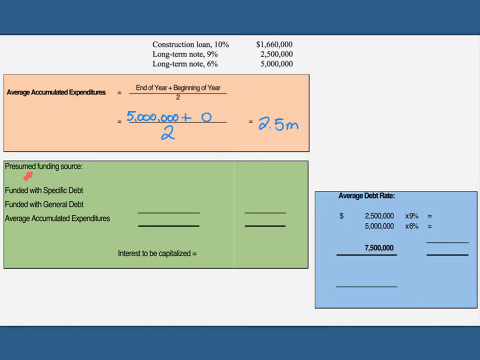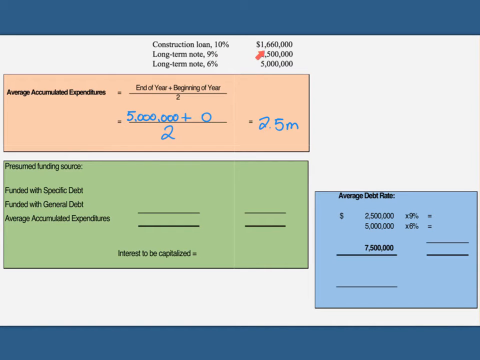And these are our presumed funding sources. So with the specific interest method, we start with what was funded with specific debt. So we look at our 3 types of debts here. We had a construction loan and then these 2 long-term notes. So the construction loan is our specific debt, obviously because it's construction, so it was for the construction expenditures. So that's a 10% loan.